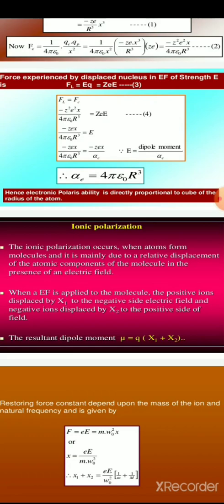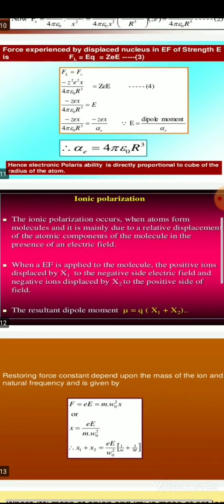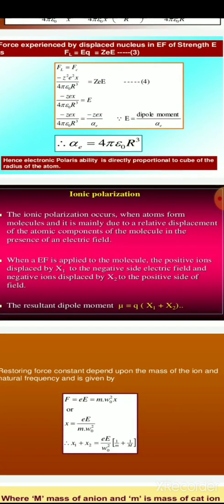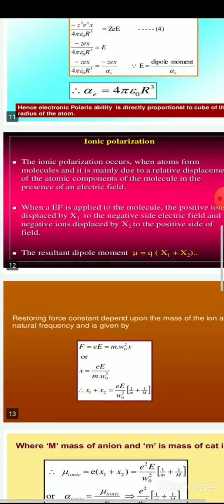When an electric field is applied to the molecule, the positive ions are displaced by x1 to the negative side of the electric field, and the negative ions are displaced by x2 to the positive side of the electric field. The resultant dipole moment mu equals q into x1 plus x2. Here we combine both the positive and negative ions, x1 plus x2.